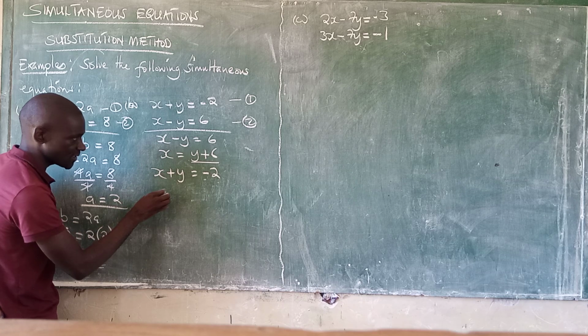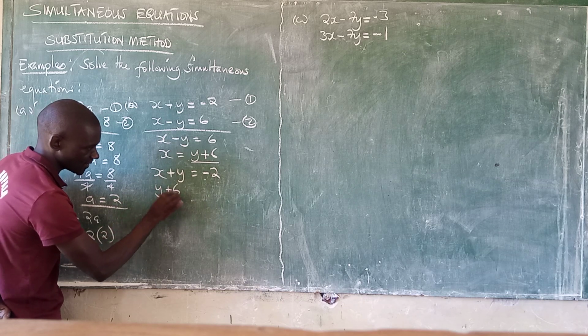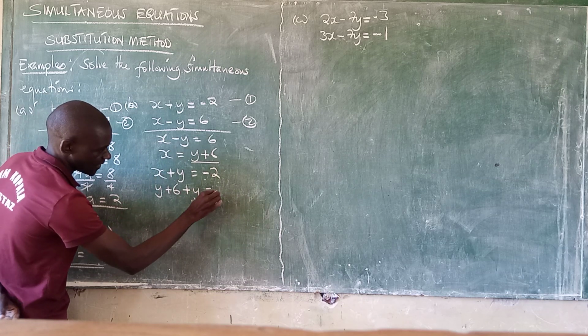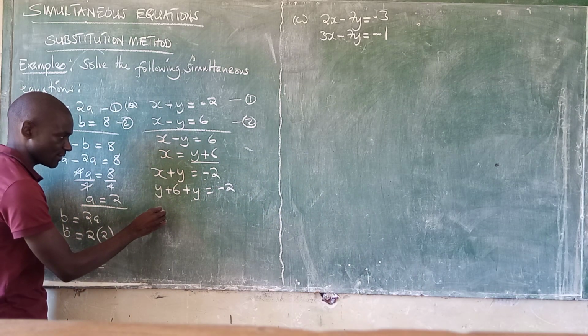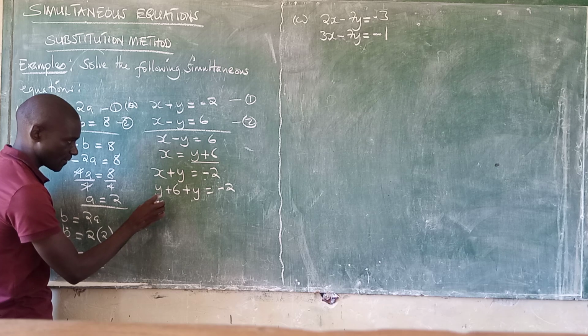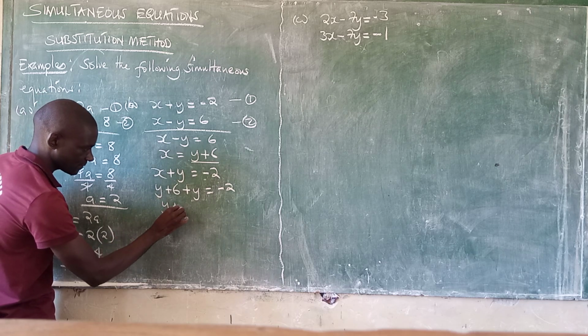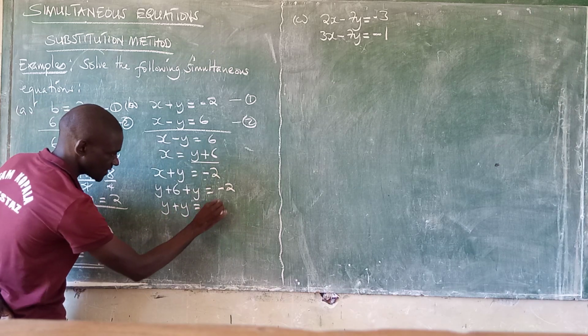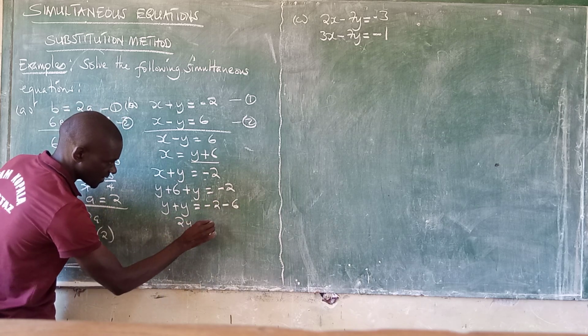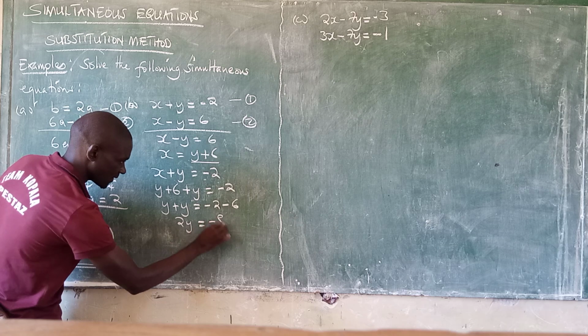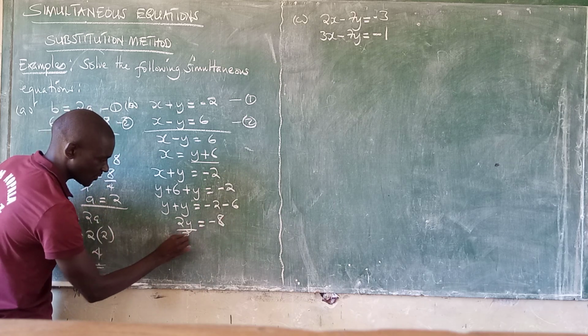So this is the part: y plus 6 plus y is equal to -2. If we group the like terms, we have y plus y is equal to -2 minus 6, giving us 2y is equal to -8. And then we divide through by 2.